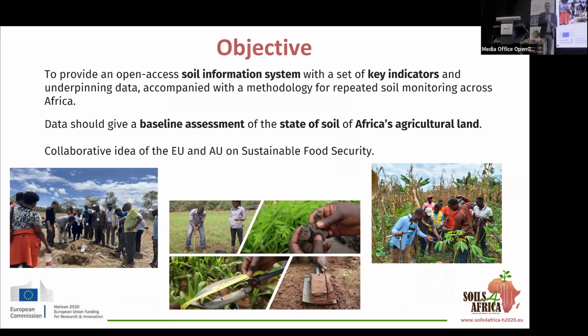With the data that we are collecting in this project, we hope to provide a baseline assessment of the state of soils of Africa's agricultural land that then can be used for monitoring soil change in the near future. This project was a collaborative idea of the African Union and the European Union on their sustainable food security strategy. So we started in 2020, and the project will finish in May this year.